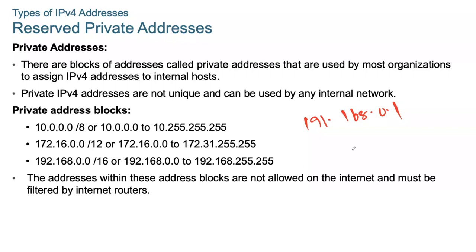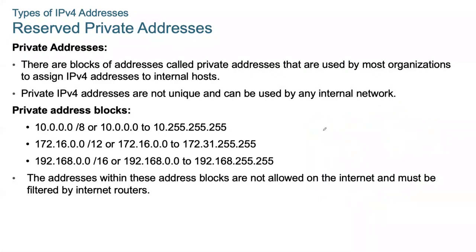If any IP address starts with, suppose, 178.16.0.0, is it public or private? It's public. If anything starts with 11.0.0, public.